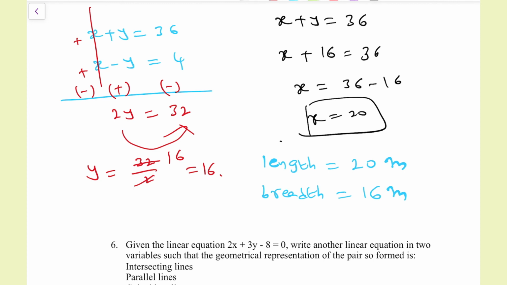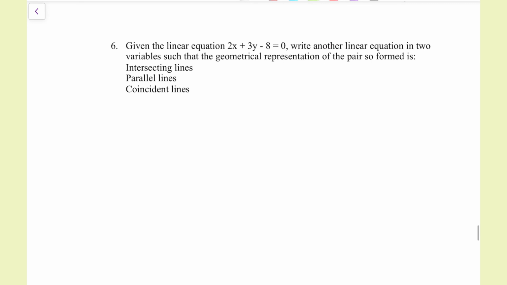Moving to the next question. Given the linear equation 2x plus 3y minus 8 equals 0, write another linear equation in two variables such that the geometrical representation of the pair formed is intersecting lines, parallel lines, coincident lines.